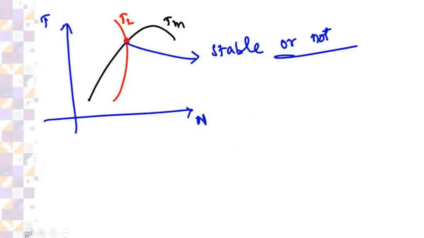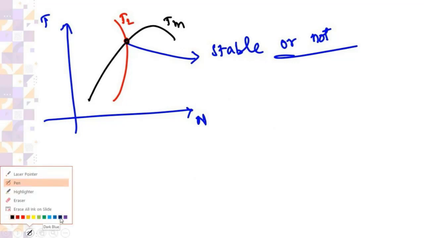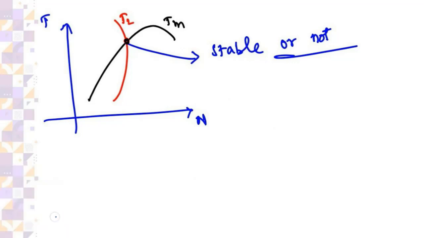Now this is one more very important point: to check the stability of the operating point. Whenever the load torque and motor torque are given, you just need to take up the speed point and adjust the speed, increase or decrease, anything is okay. If I decrease the speed here, this is the motor torque and this is the load torque.